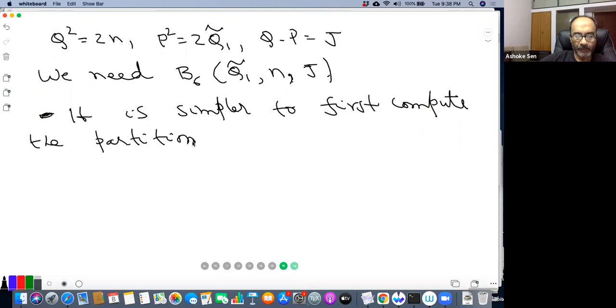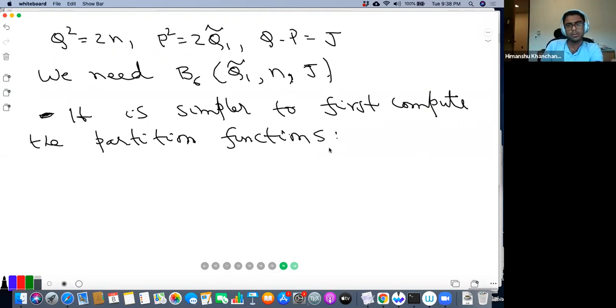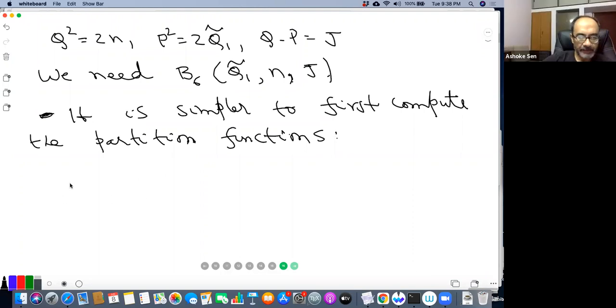Even if we want microcanonical ensemble results, fixed number of particles, fixed energy, and so on, we first calculate the grand canonical partition function and then go from there to microcanonical results. We're going to do the same thing here, except that here we'll use an exact transformation from partition function to B6 without making any approximation.